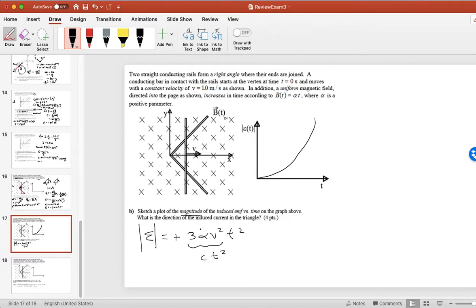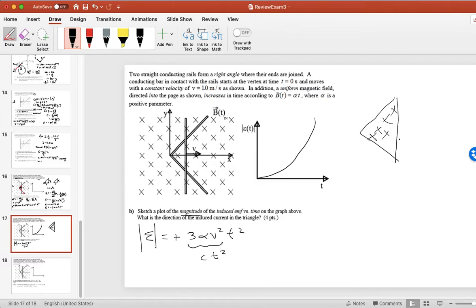And so that's part B, and then it says, what is the direction of the induced current in the triangle? So if I think about this, my area is increasing and my magnetic field is also increasing. So what that tells me then is if they're both increasing, then I want to oppose it, right? So I've got this triangle like this, and what's happening is this triangle has more and more of the magnetic field going into the page.